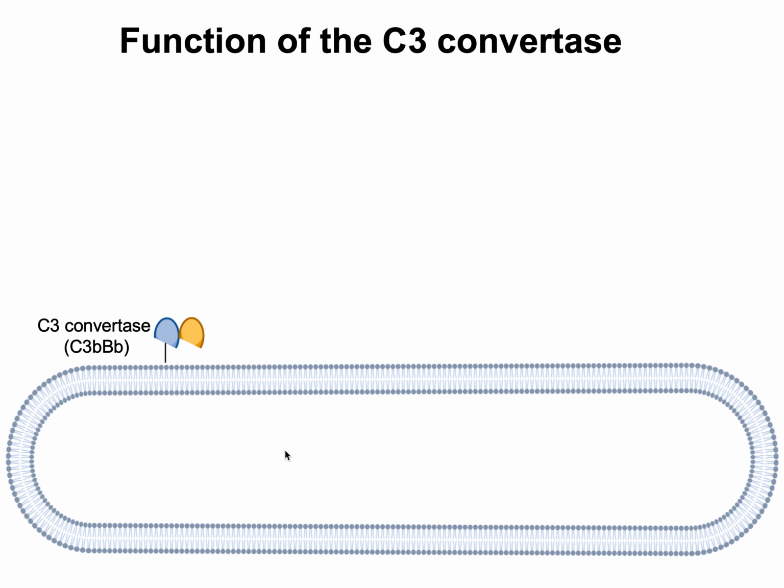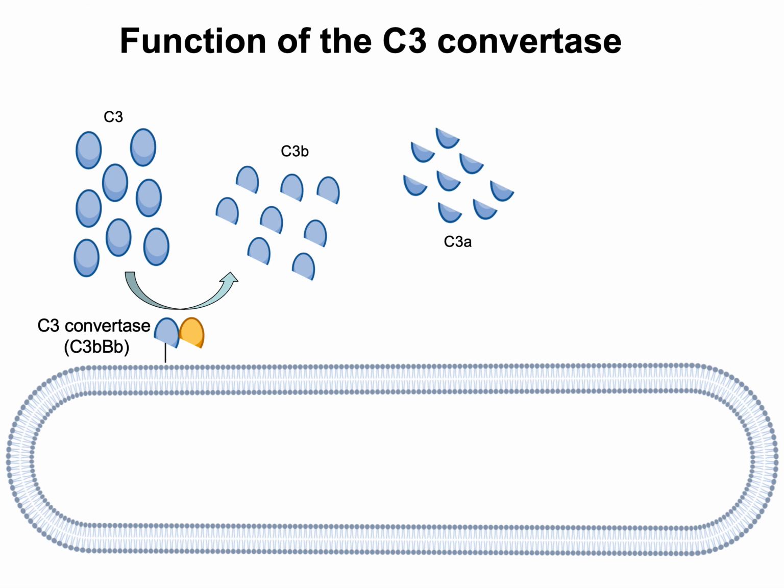But if this is a bacterial cell that doesn't have those inhibitory proteins, this C3 convertase can start to function by cleaving C3 into C3b and C3a. And once that happens, these C3b subunits can start covalently binding and coating the surface of this bacteria.